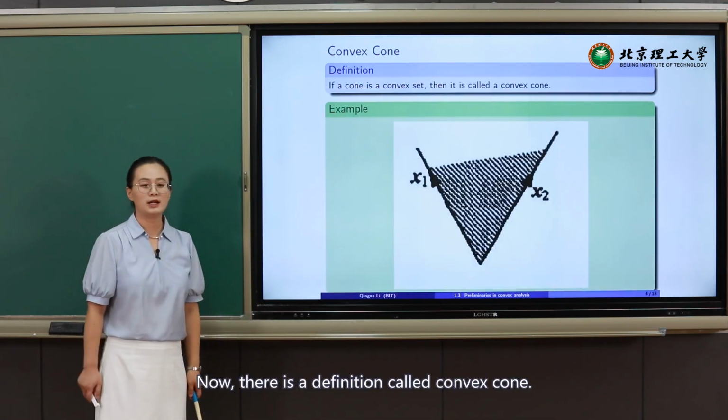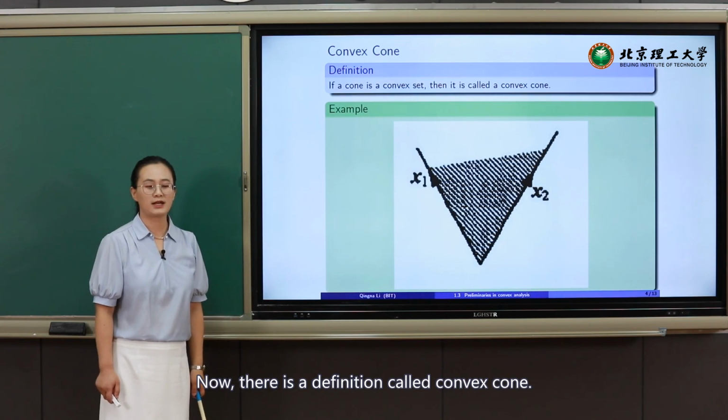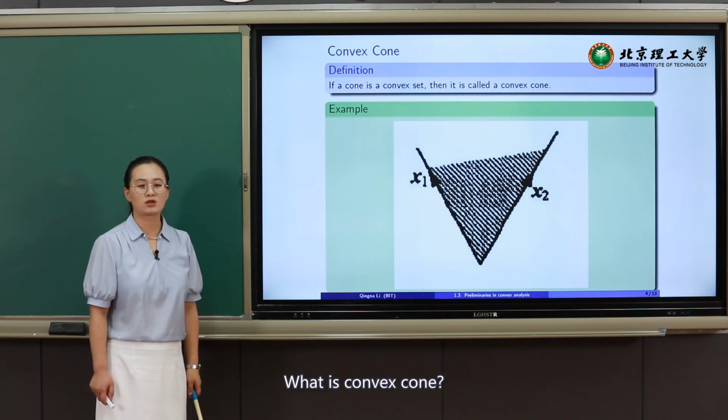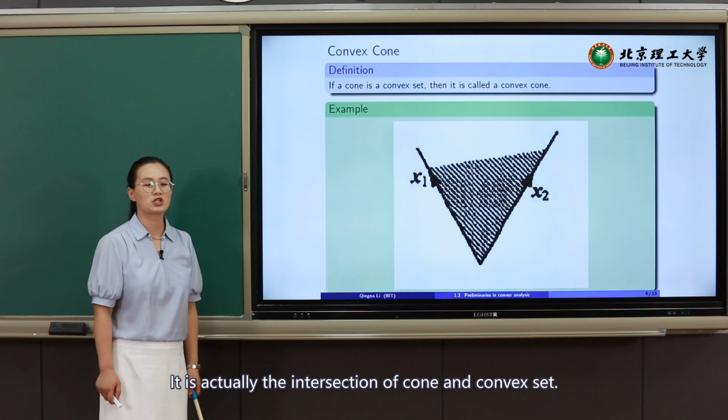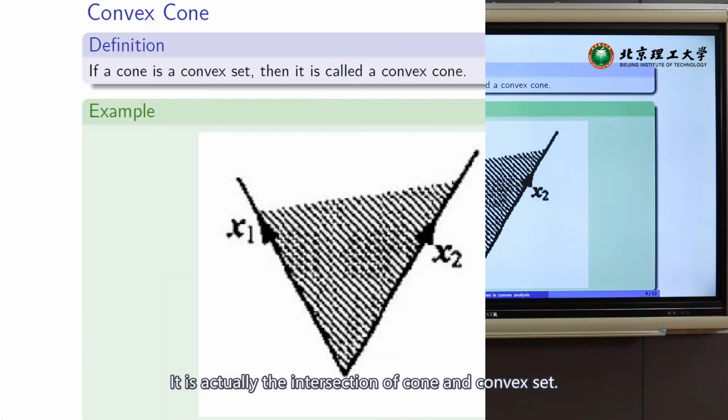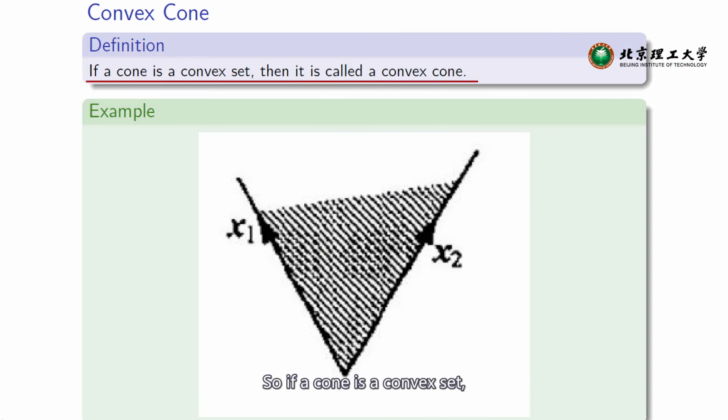Now, there is a definition called convex cone. What is a convex cone? It is actually the intersection of a cone and a convex set. So if a cone is a convex set, then we call it a convex cone.